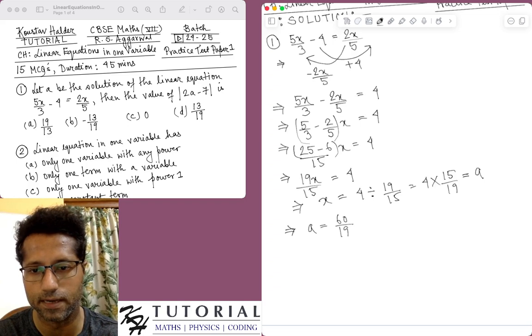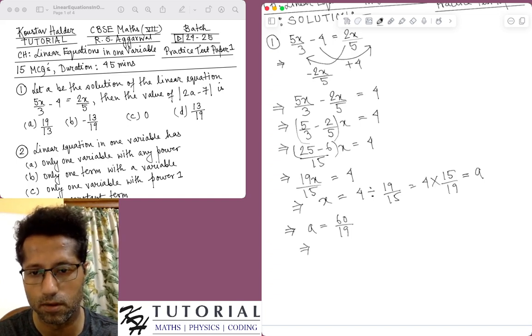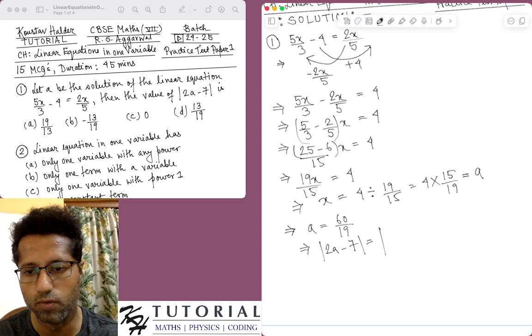Now we have to find mod 2A minus 7. Here A is 60 by 19.